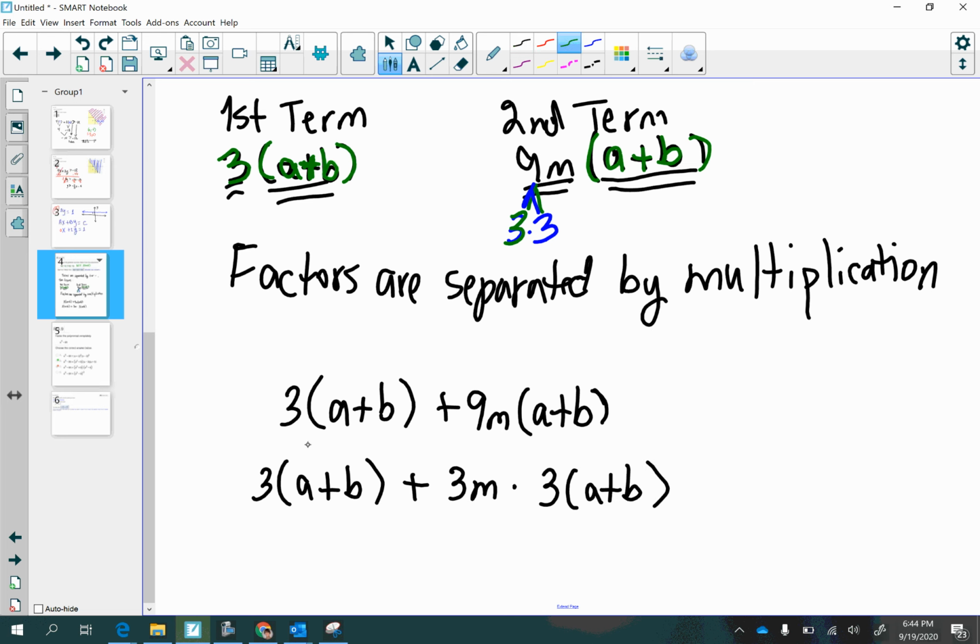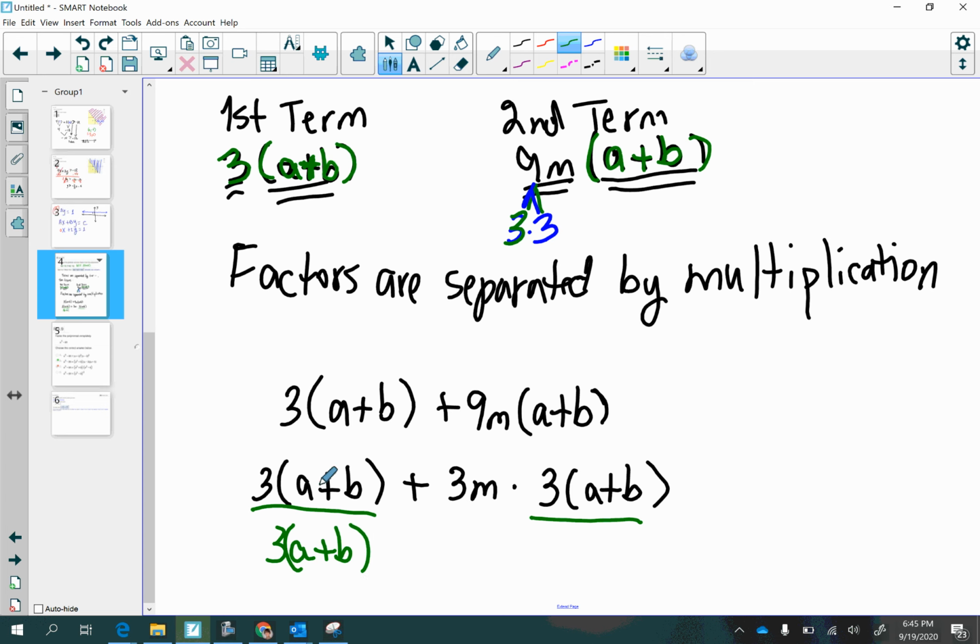And then we see that this and this are common. And when we factor them out, what do we get? Let's take out the common factor, 3 times a plus b.